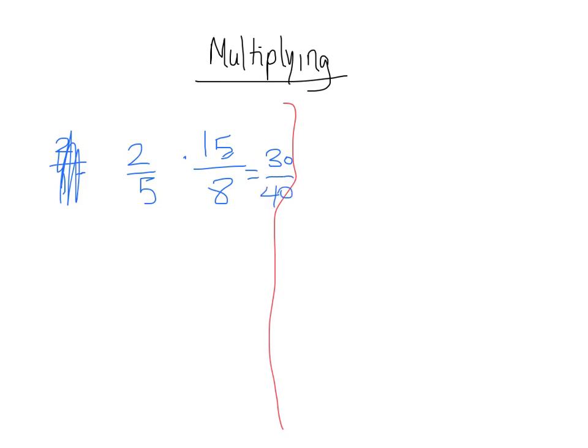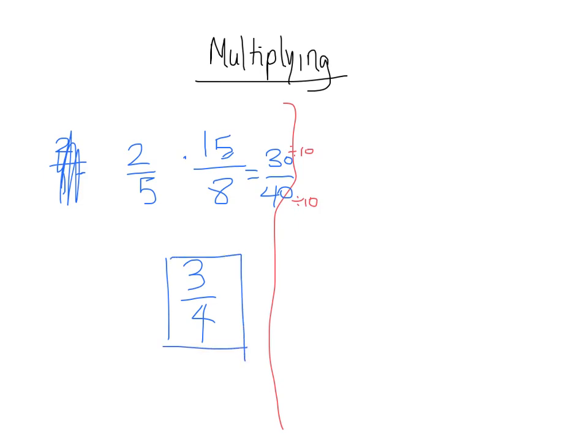So we can do what we just reminded ourselves how to do, which is look for a common factor for the numerator and the denominator. And a common factor is 10. So we can go ahead and divide both the numerator by 10 and the denominator by 10. And we get 3/4. And that's how we multiply our fractions.